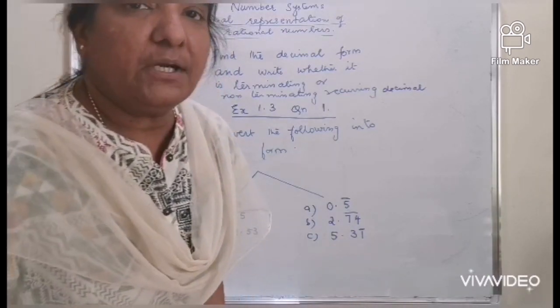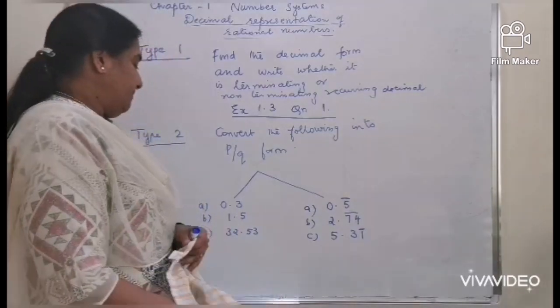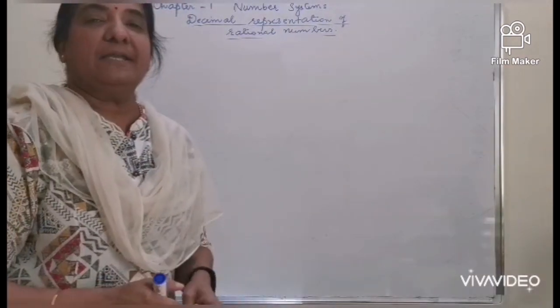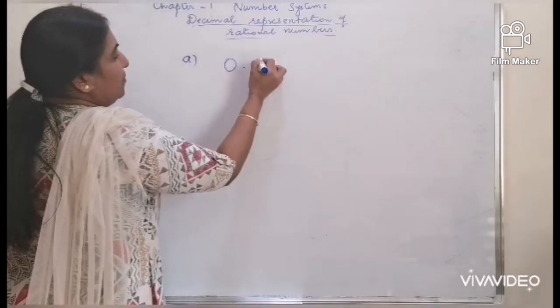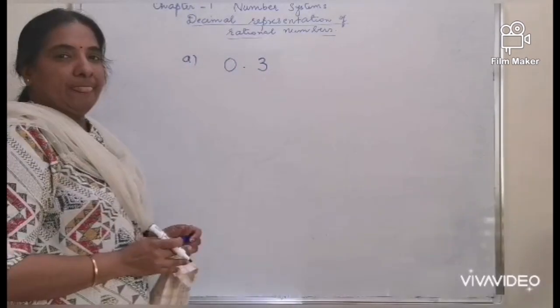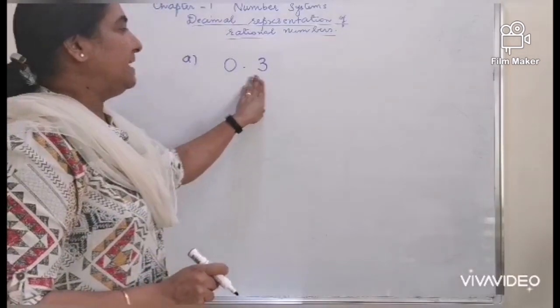Let's see how to work out one by one. Express in the P by Q form the first example, 0.3. It is a terminating decimal.